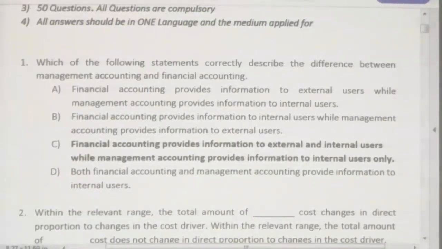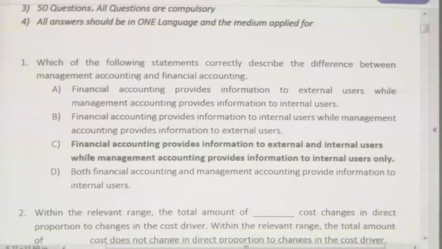Once the financial year is completed, for that financial year they will provide their P&L, statement of financial position, that is the balance sheet, and other elements of the financial statements, especially focusing on historical data. But when it comes to management accounting, management's main objective is to take decisions for the going concern of the business, for the increase of their profit and wealth.